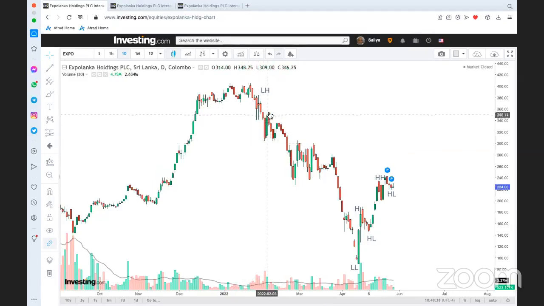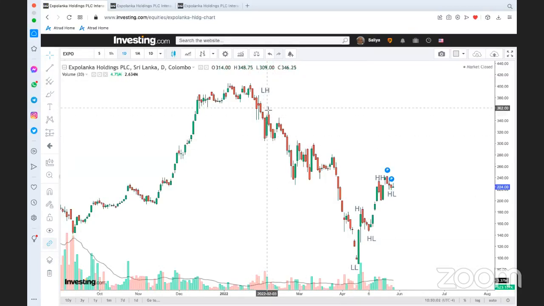But then there is a high here, right? Of course, that high is lower than this high. But after this low, this is a high. Thereafter, we wait for this lower low to be respected and turn the low into a high, like what we see here, right?